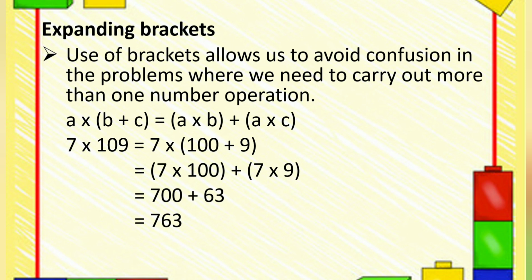Example. 7 multiplied by 109 we can write as 7 multiplied by (100 plus 9), which is equal to (7 multiplied by 100) plus (7 multiplied by 9), which is equal to 700 plus 63. That is going to be 763.